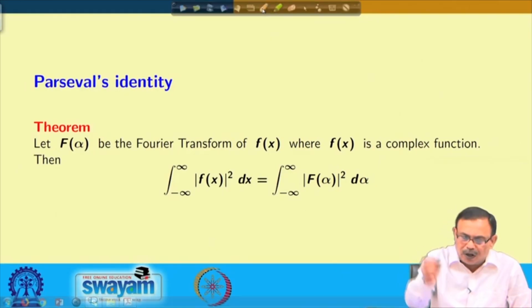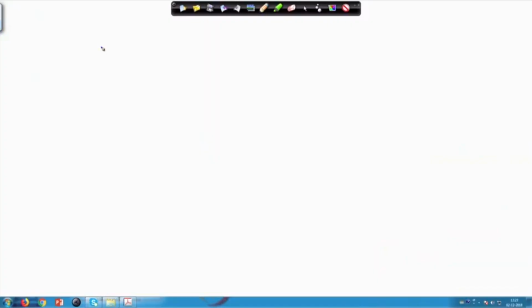Let us see the proof of this theorem. So, we are starting from the right hand side, the integral from minus infinity to infinity of modulus of F(alpha) square d alpha.